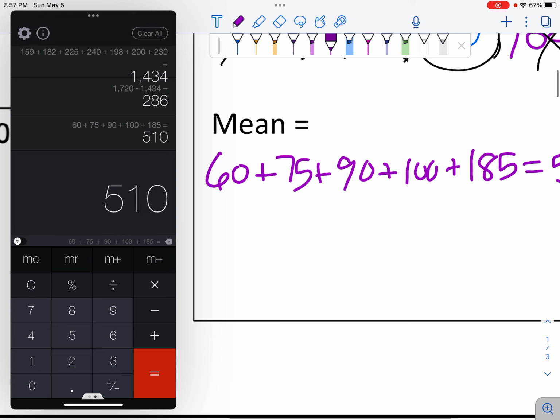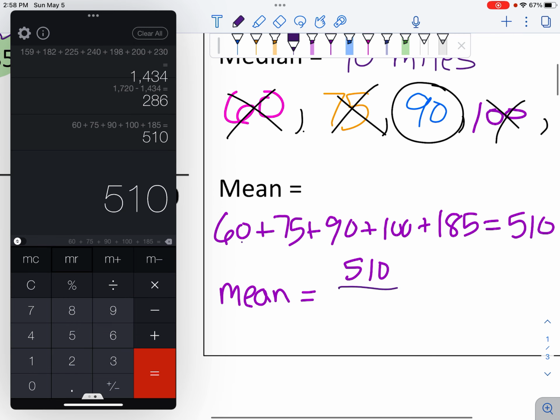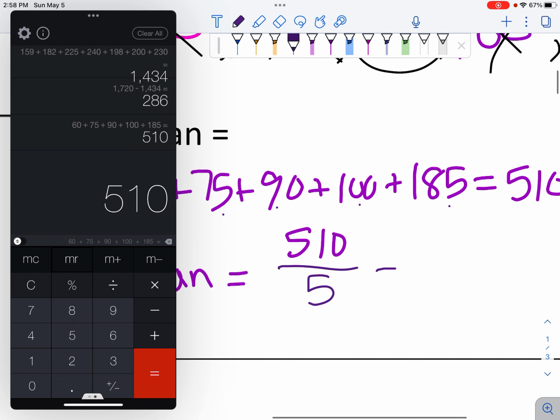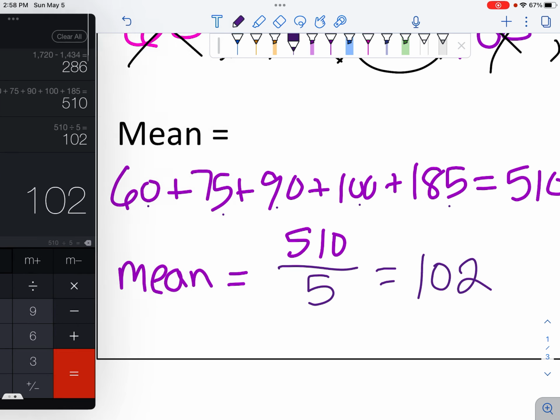So for the mean, that equals 510 divided by how many data points there were. I'll just do a quick double check. 1, 2, 3, 4, 5. And remember it said 5 students, divided by 5. So the mean is 102.